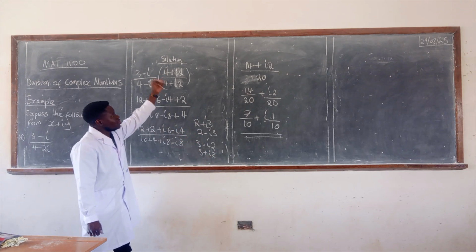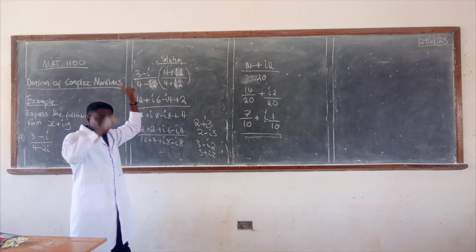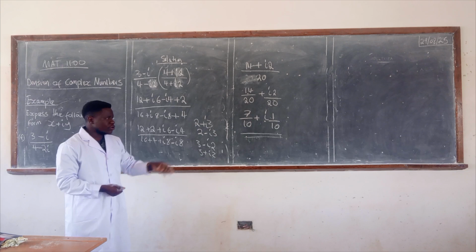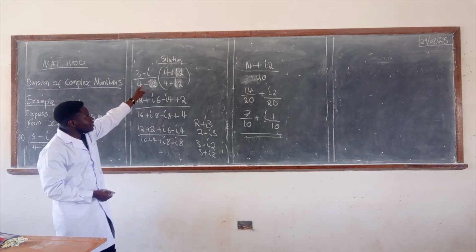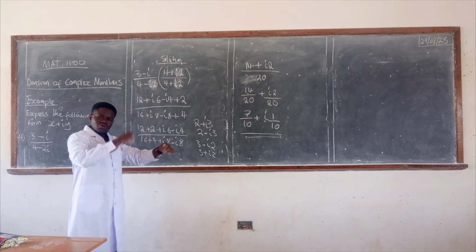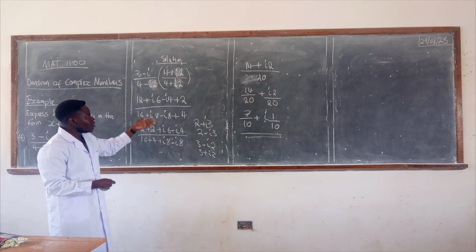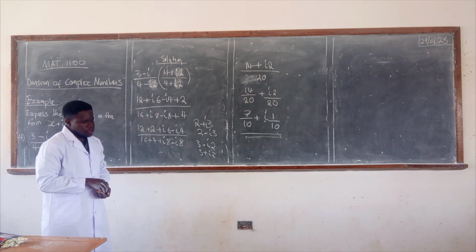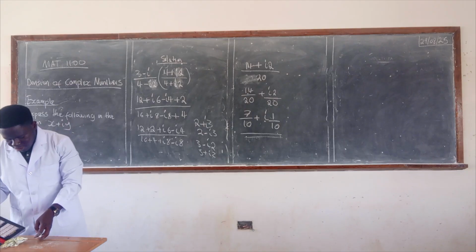We multiply the conjugate with both the numerator and the denominator, and that's how you come up with the answer. Remember, we learned how to multiply complex numbers. For this part, you can just rewind the video to where we were multiplying complex numbers, and it will help you. Hope there are no questions.